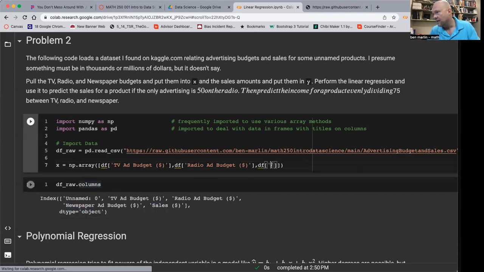Put that in there. And I believe I just need the dot T at the end of that. Dot T, not comma T.